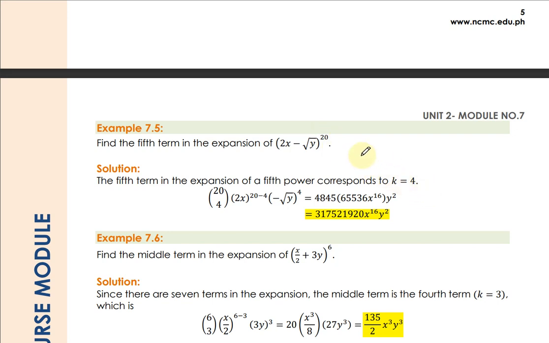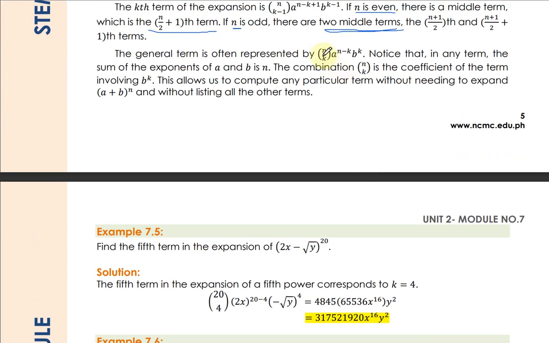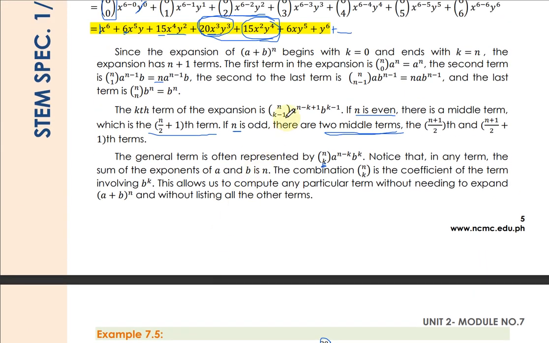By using the binomial theorem, it is easier. You just use the formula, n choose k times a to the n minus k times b to the k, where n is the power and k is the term you are looking for. Remember that you subtract 1 from the term number.